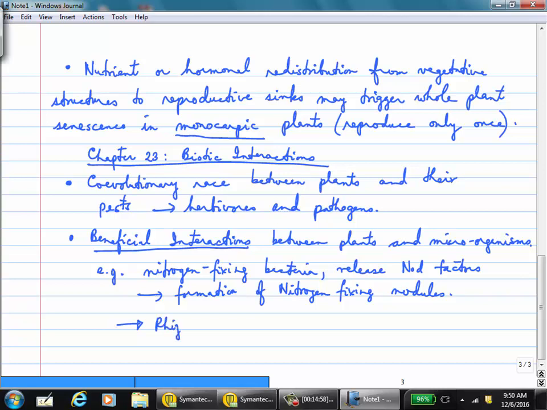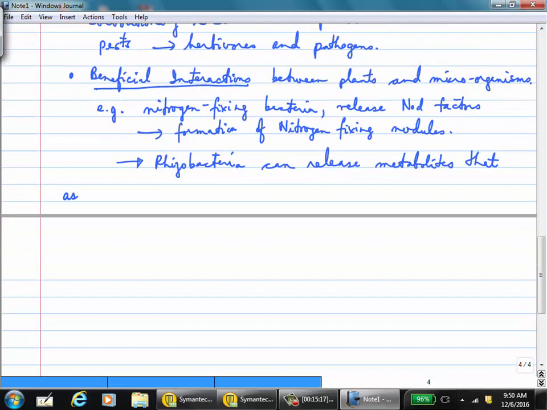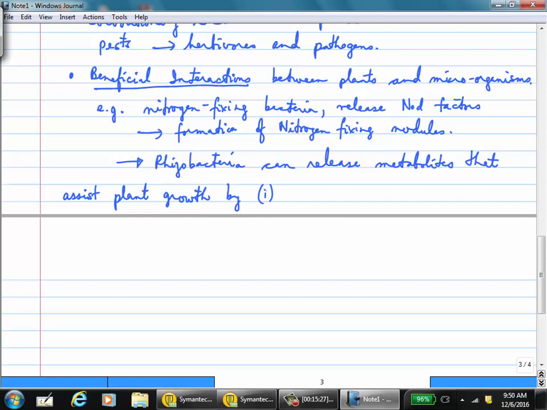So rhizobacteria can release metabolites that assist plant growth by, number one, increasing nutrient availability, because the bacteria can make changes to the local environment, so some of the nutrients become available to the plant roots.